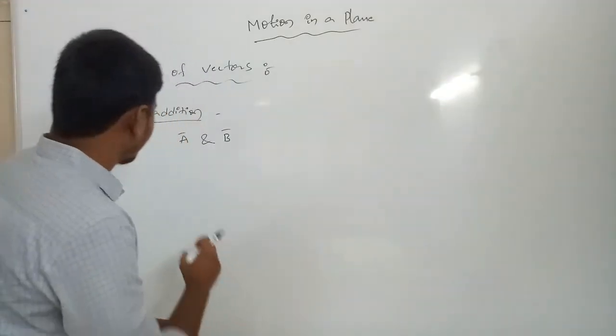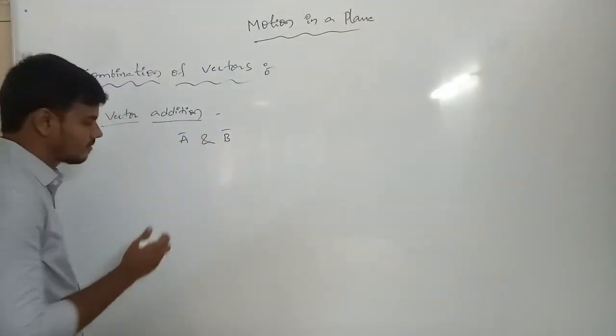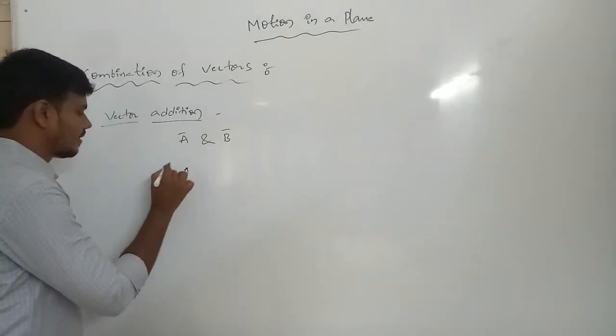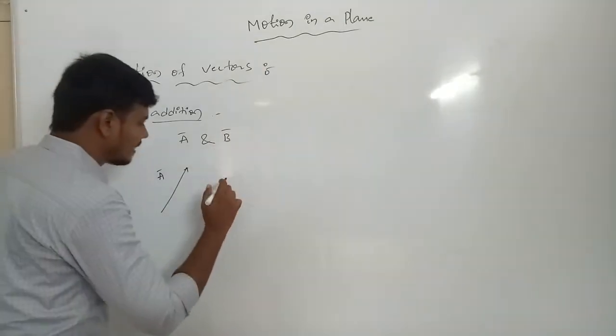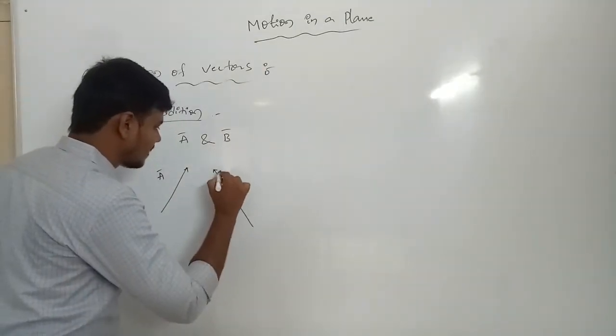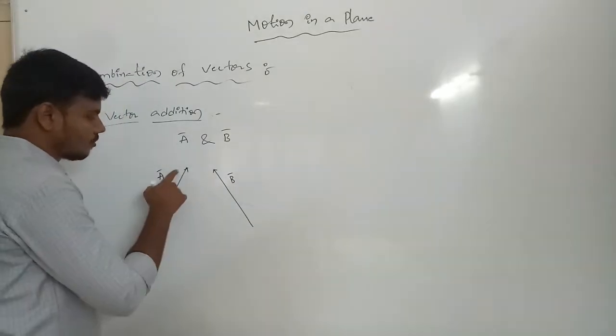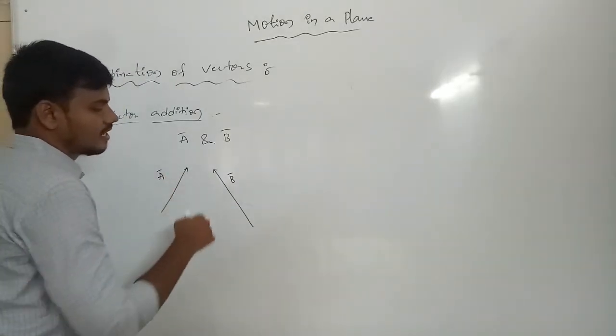First we take the a vector, a bar. Now the b vector, this one is b bar. The a vector is in a straight line manner, and this one is also in a straight line manner.